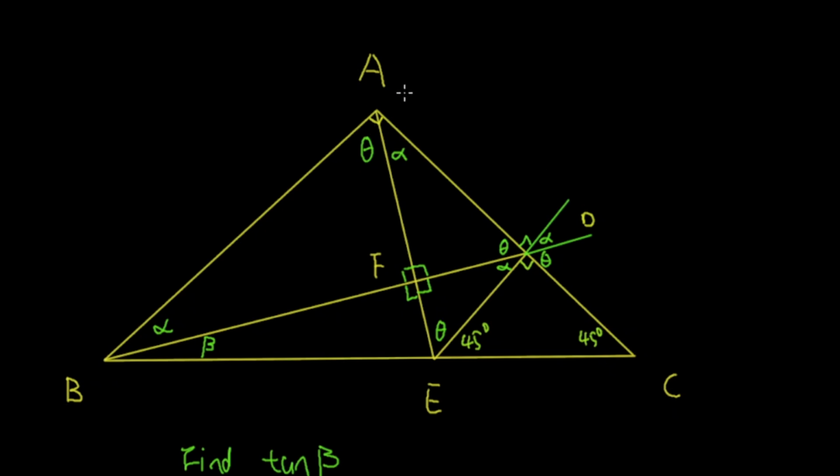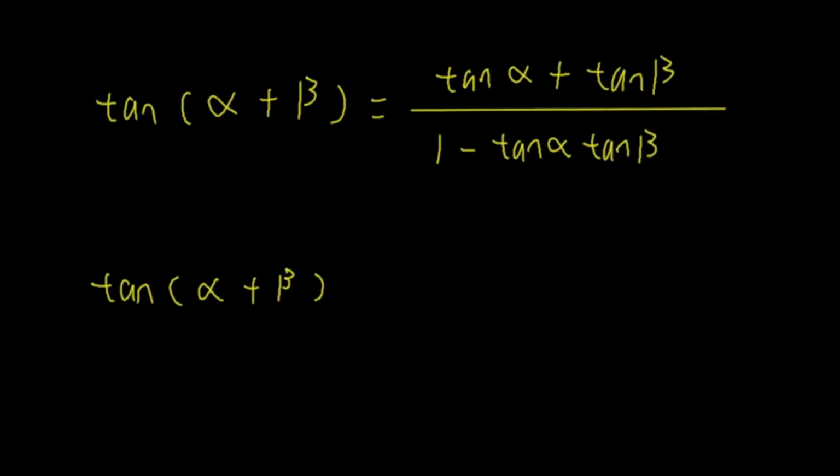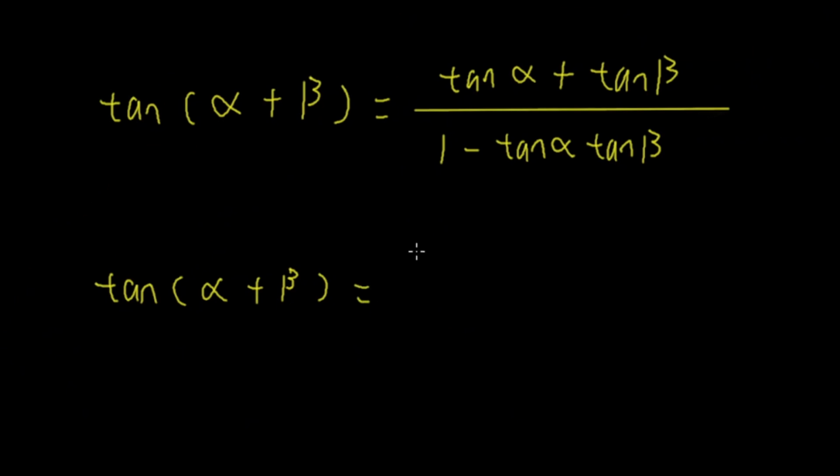And we know that AC and AB have the same length. That means AC over AB is just equal to 1. So right away, we find the value of tan alpha plus beta. This side of the equation is equal to 1. Okay, the next thing is to find tan alpha, which is a little bit more challenging.